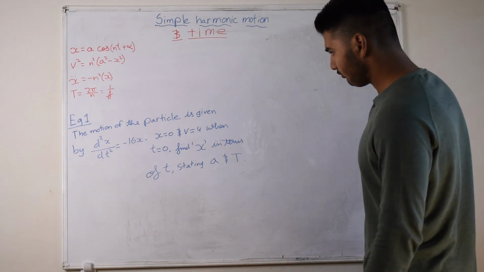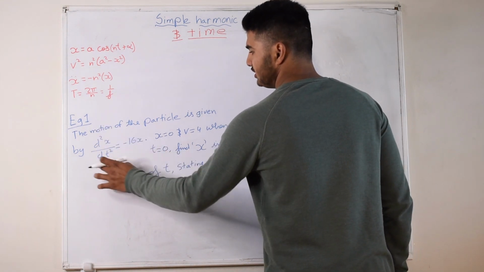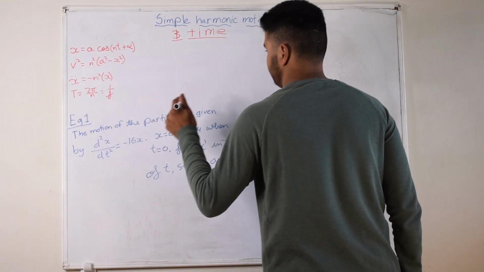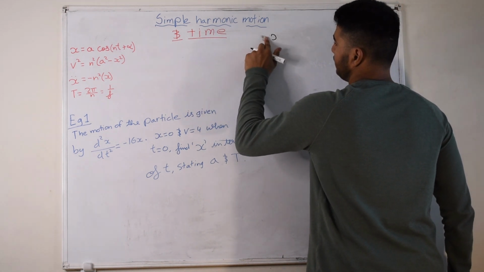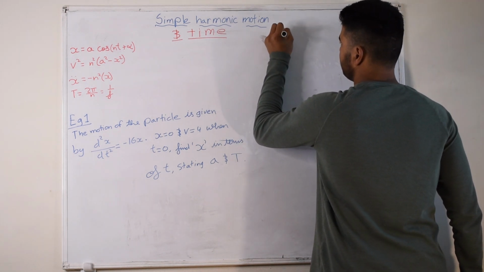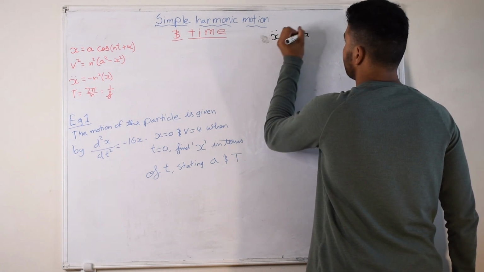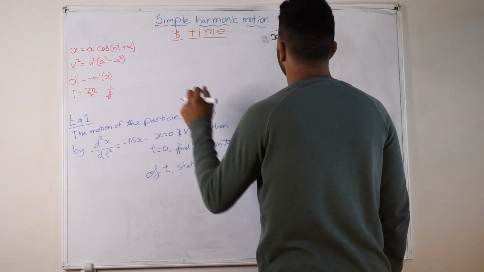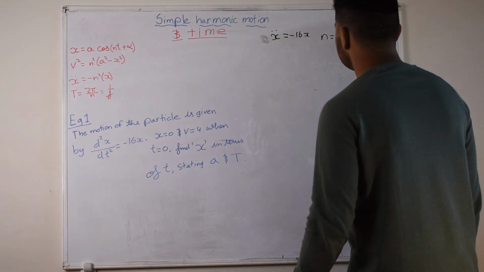So, first thing I will do, this over here, second derivative, we have x double dot equals negative 16x, n squared, so n therefore equals 4 because 4 squared is 16.